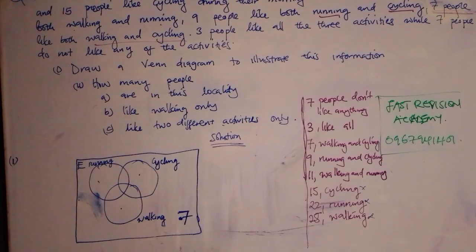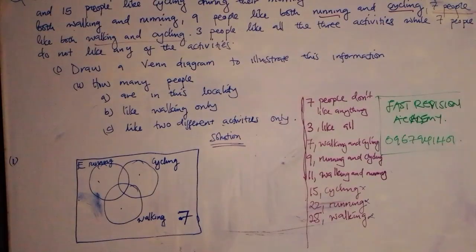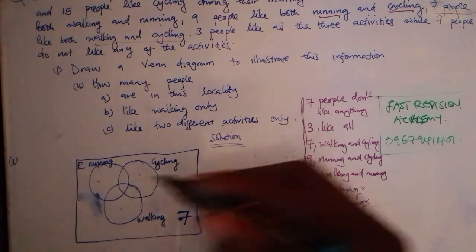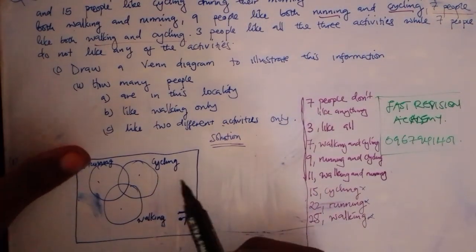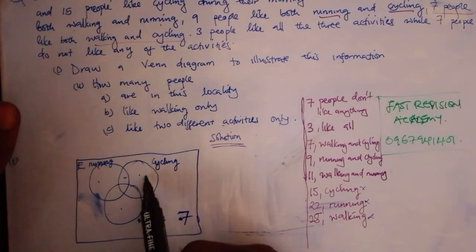Then after writing that, we are going to move on now to those that liked everything. So the question has told us that 3 people liked everything. So when you go back to your set, you can see that this part are those people who like learning and cycling.